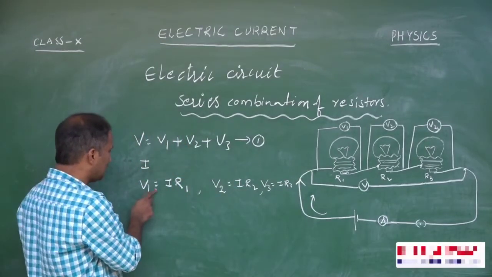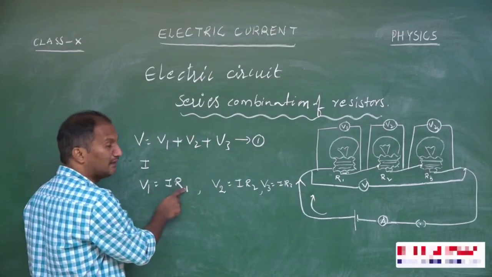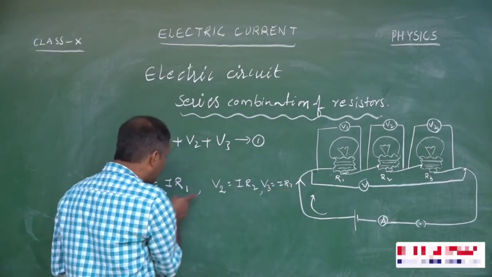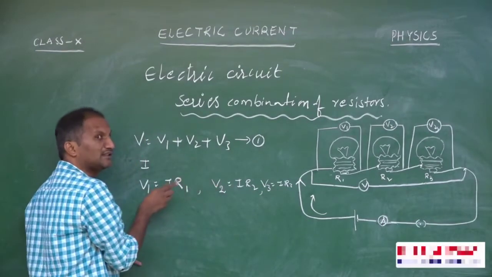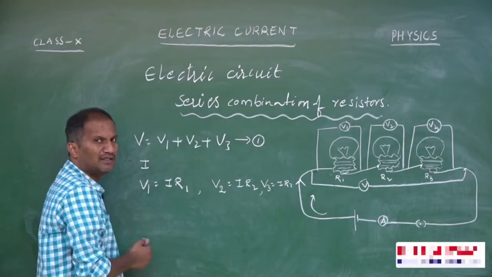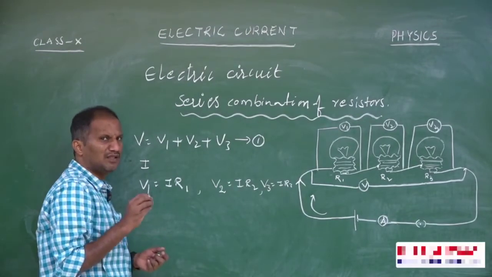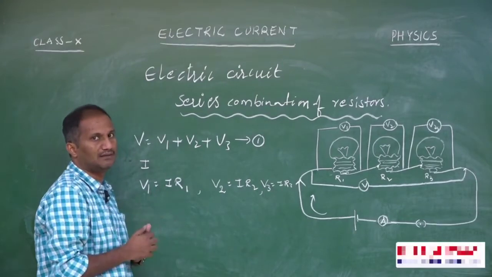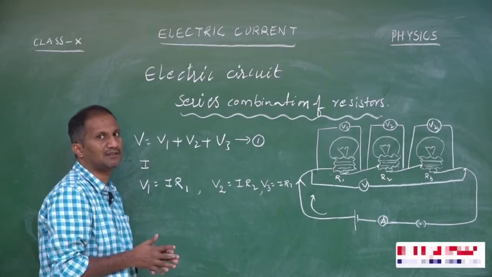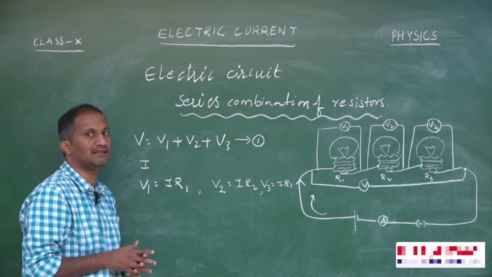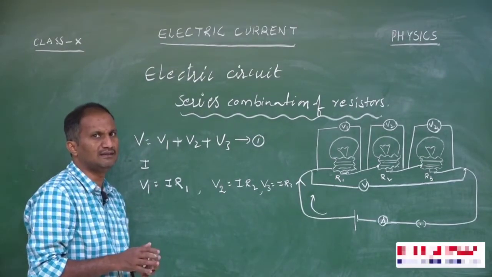In the first equation V1 and R1 are varying, V2 and R2 are varying, V3 and R3 are also varying, but the common factor in all three equations is the current. Why? Because in series combination a constant current is flowing throughout the circuit. There is no other path for the flow of electric current, only one path is there. That is why the current is constant in series combination.